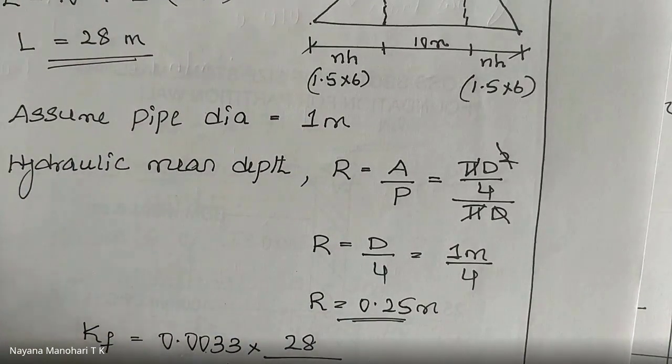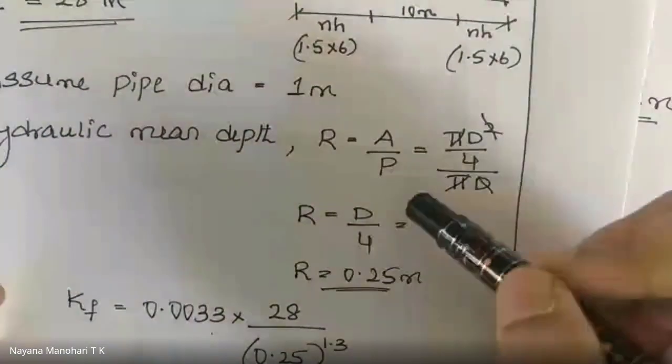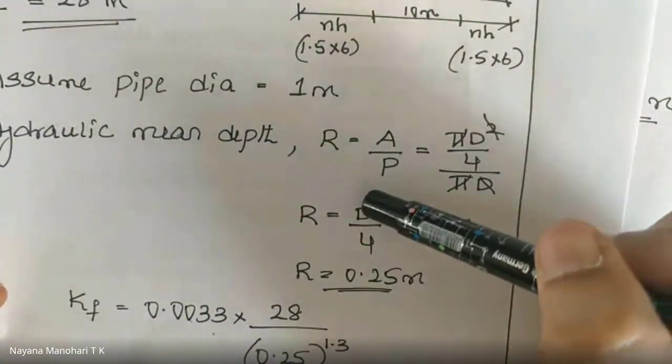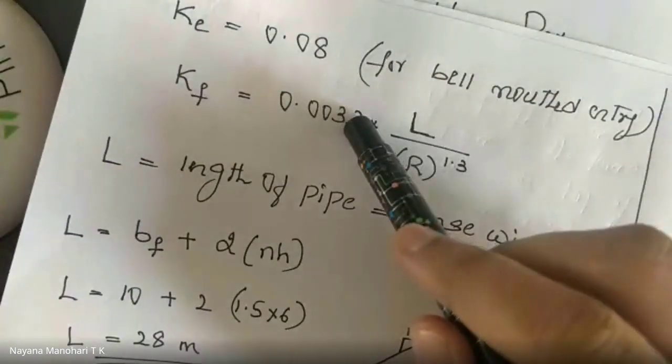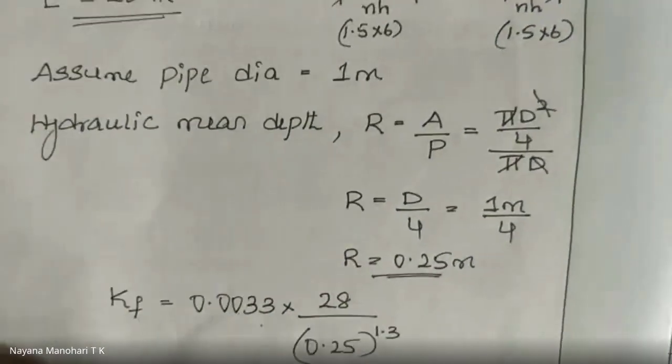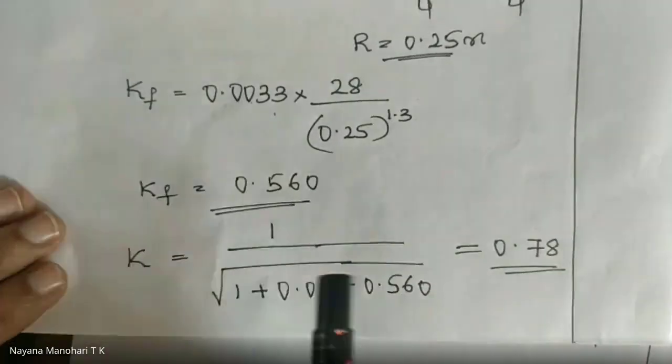The area of that circular pipe is pi d square by 4. The perimeter of the circle is pi into d. When you reduce this formula, the equation will come to d by 4. Then substitute all these values in this KF equation and calculate the KF value.